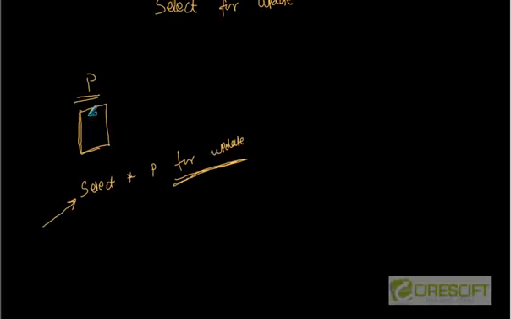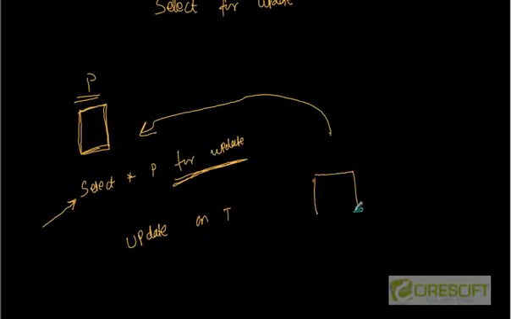So now if we have a lock on this table P, and some other user tries to do an update, that update needs to acquire a lock, and in this case it cannot acquire a lock because select for update is holding that lock. In another scenario, say we are doing an update on table T, and the moment we update table T, it has a lock.